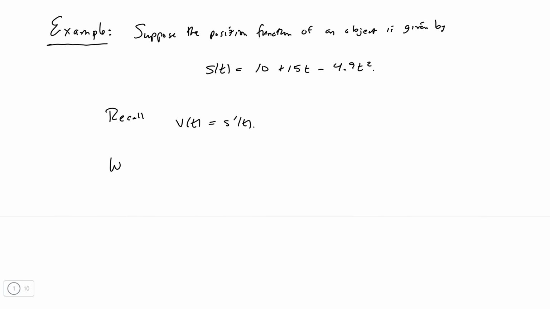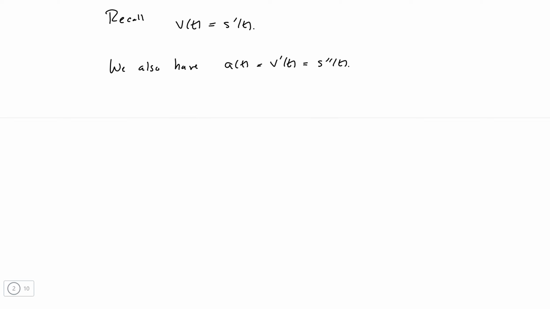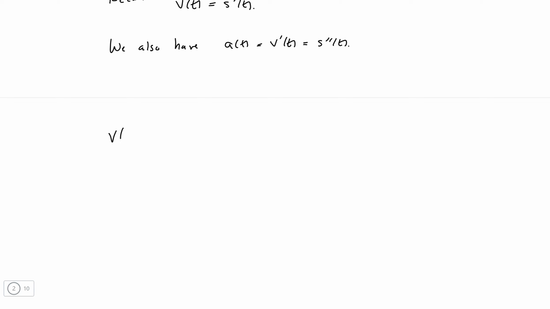We also have that the acceleration function is the derivative of the velocity, which means it's the second derivative of the position function. So let's calculate the velocity and the acceleration.